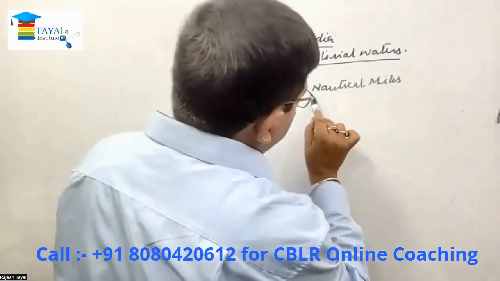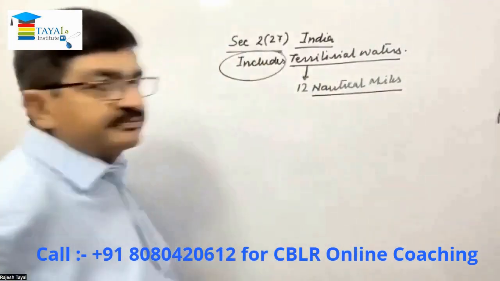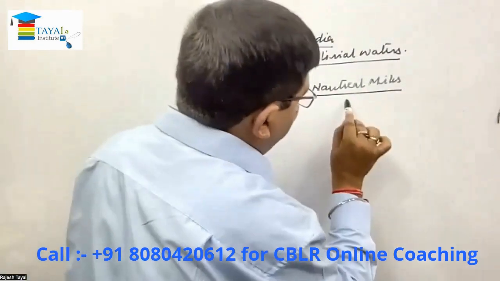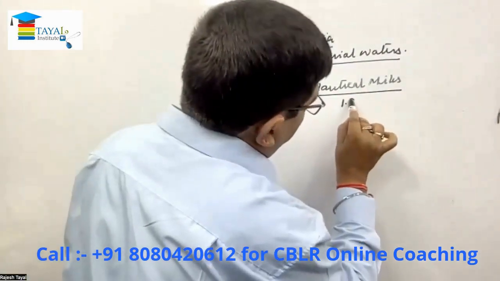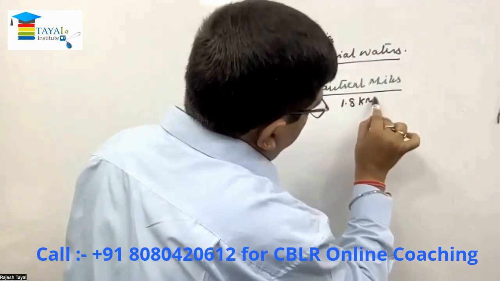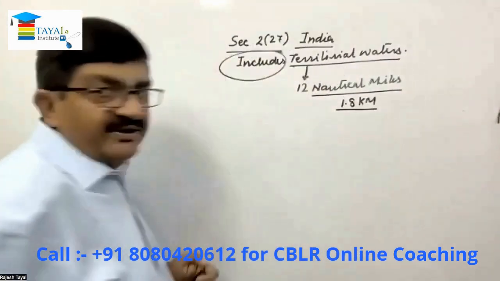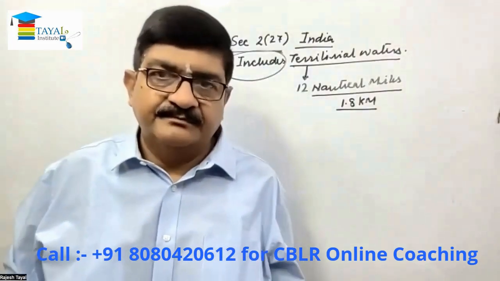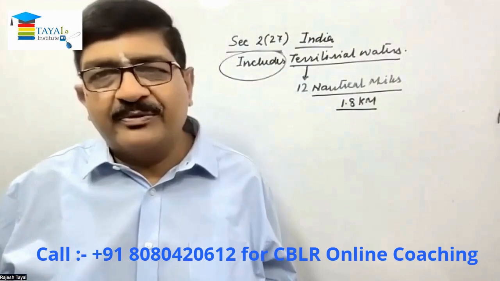Now, how much is a nautical mile? This is for information only. It has nothing to do with your exam. 1.8 kilometers is equal to 1 nautical mile. Only for information.